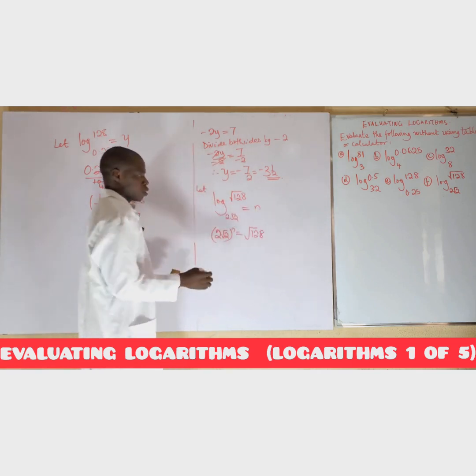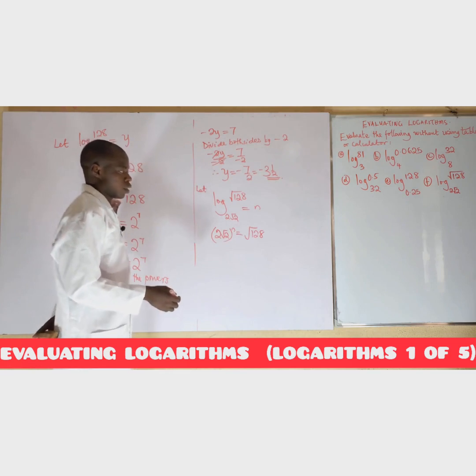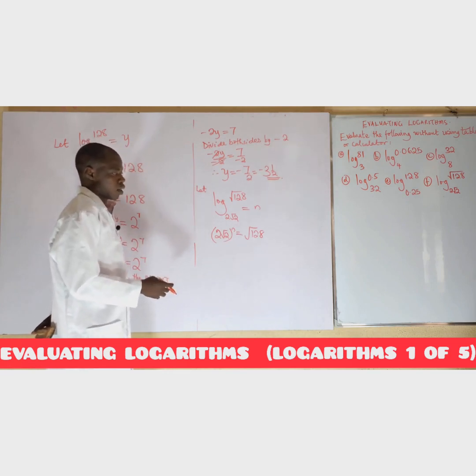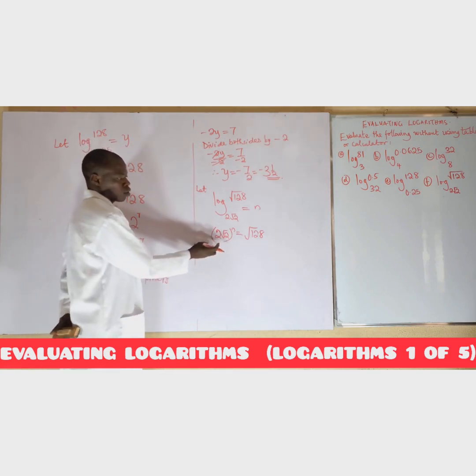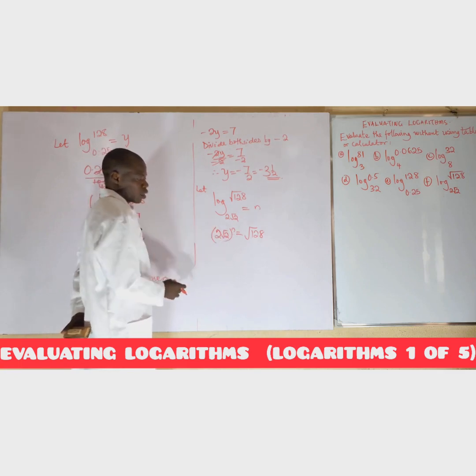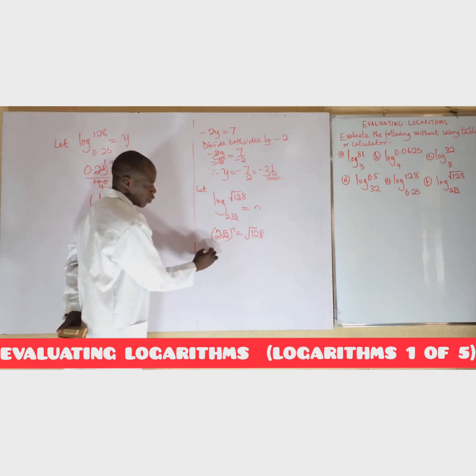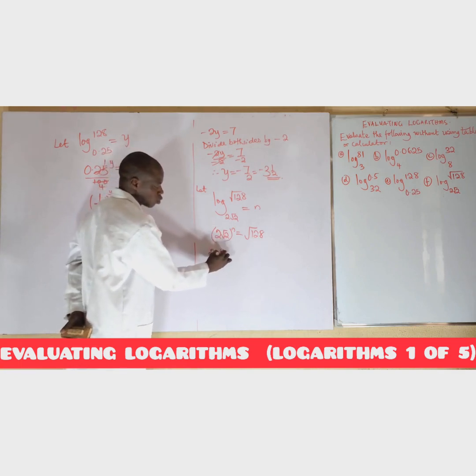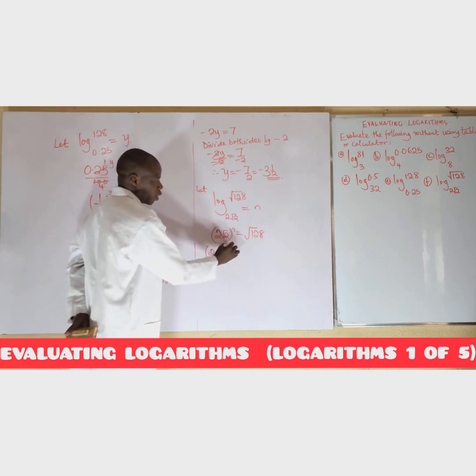So from there, how do you solve this? Let's solve what is in this bracket. In the bracket here, you're having 2 dot root 2, then raised to power n.